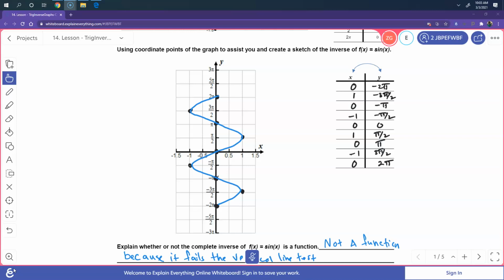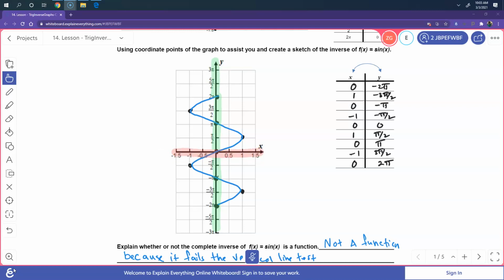In this case, it is not a function because if we were to draw a vertical line, it would intersect in more than one place on the graph. So therefore, it's not a function.